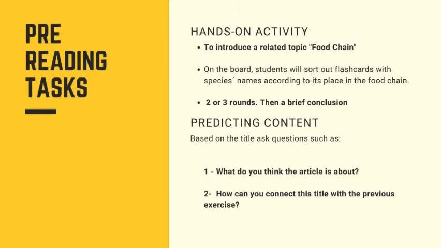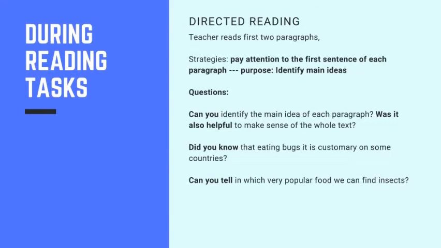So, in the during-reading tasks, we will use directed reading. We will start by reading the first 2 paragraphs. In this part, it's important that the teacher stresses the strategy developed in this chapter.